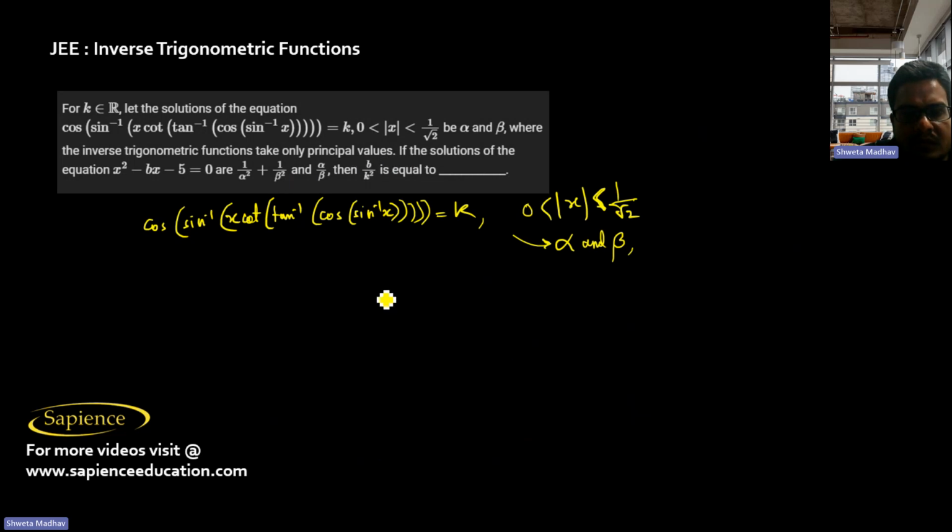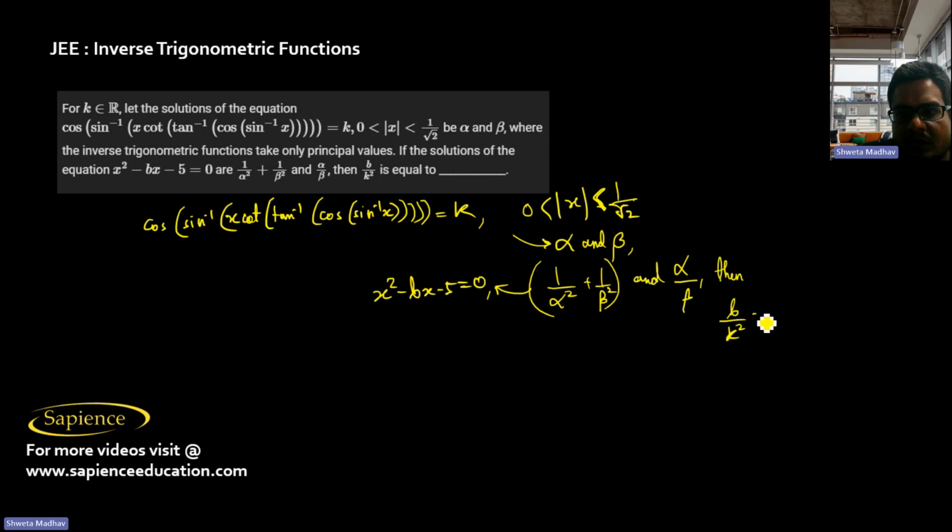If the solutions of the equation x square minus px minus 5 equal to 0 are 1 by alpha square plus 1 by beta square and alpha by beta, then the value of b by k square is equal to how much, that we have to find out.